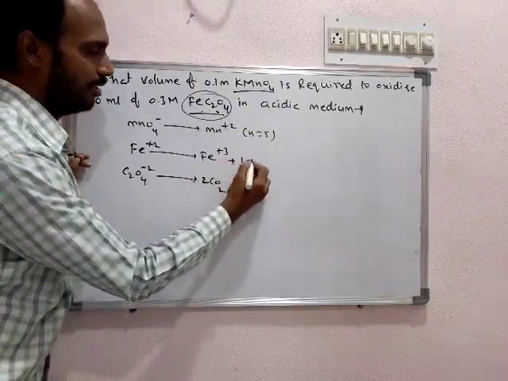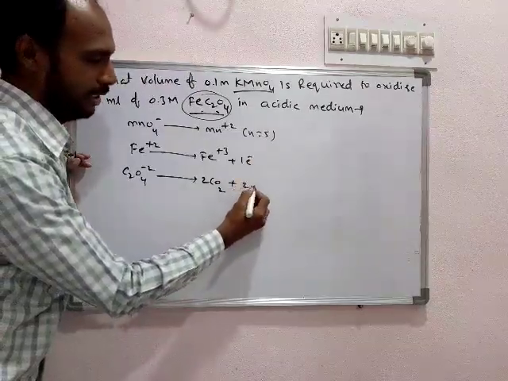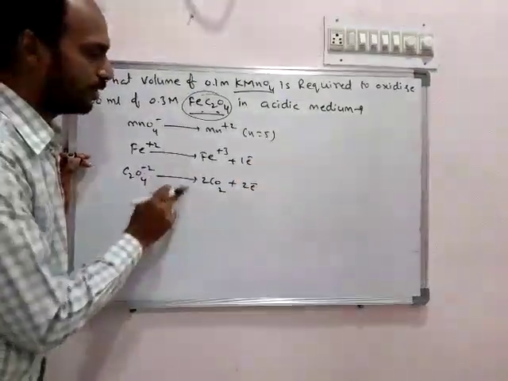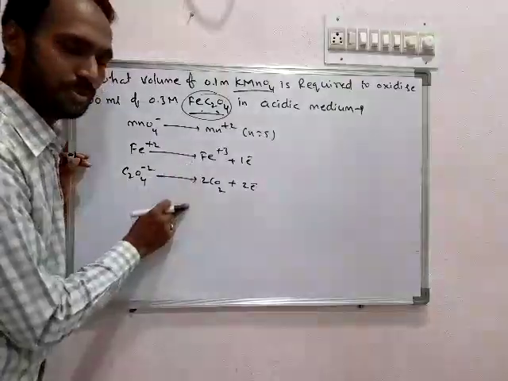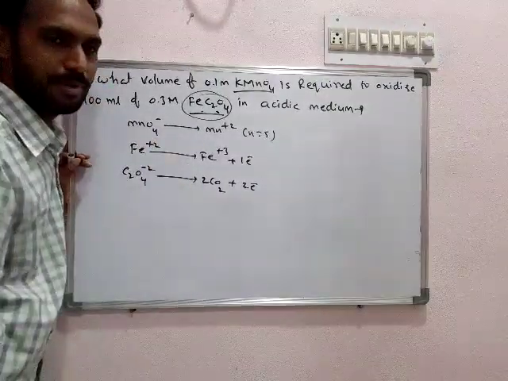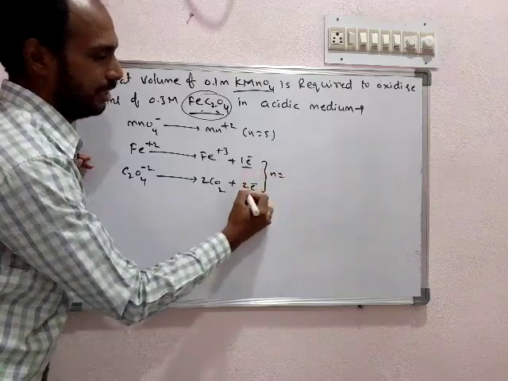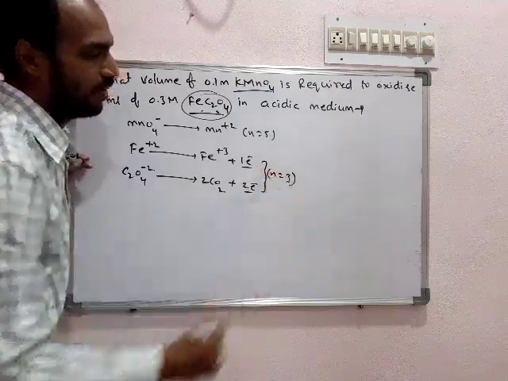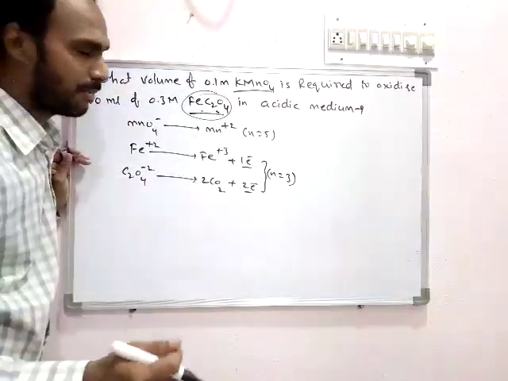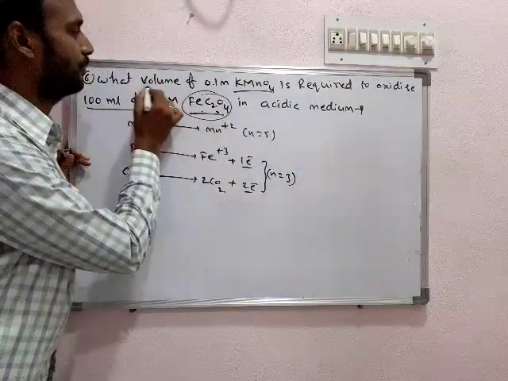Here it is a 1 electron change, here it is totally 2 electrons. So both are oxidized by potassium permanganate. So the total N factor here is 3 electrons. N factor is 3.